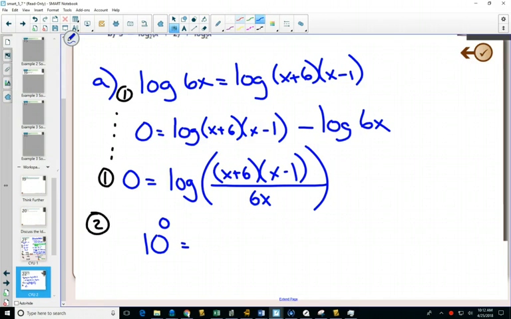Before I go too far in this, because I often do this step quick, and then you nod your head and completely forget it later. You go from here, and the very next thing you write is a 10. You're like, there's no 10 in here. And there's no exponents in here. And so this next step, when I write 10 to the 0 equals x plus 6 times x minus 1 over 6x, looks so fundamentally different than the step before.